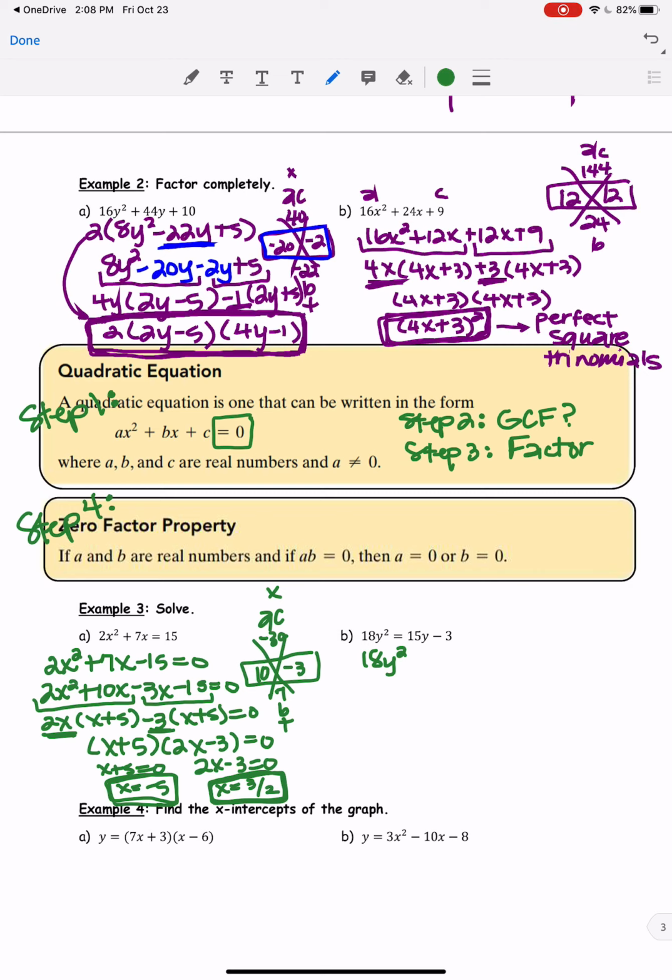I'm going to subtract my 15y and add my 3 to get this right here. So that's your step 1, get it equal to 0. Step 2, do you have a GCF? And you do. So we've got 3, which is going to leave me 6y squared minus 5y plus 1 equals 0.